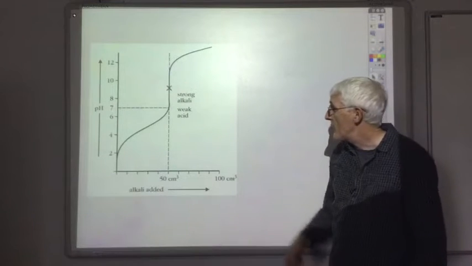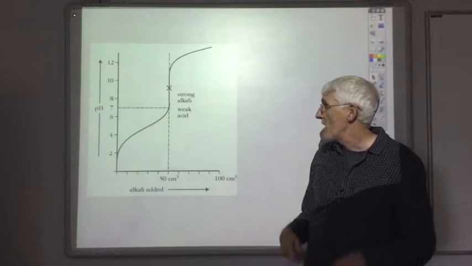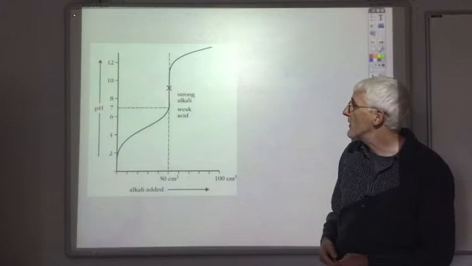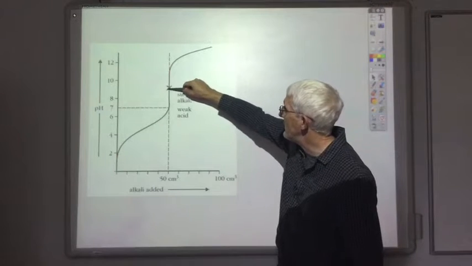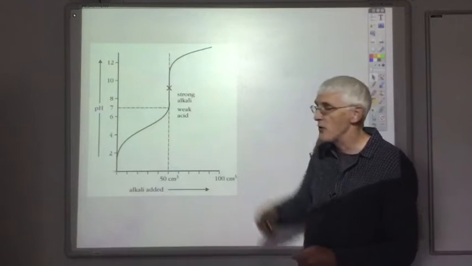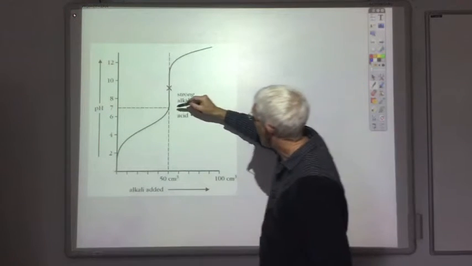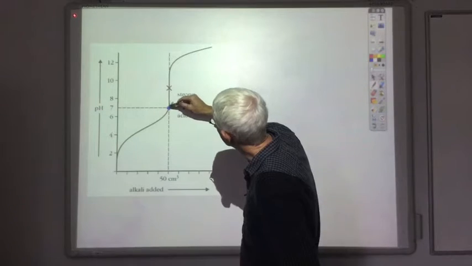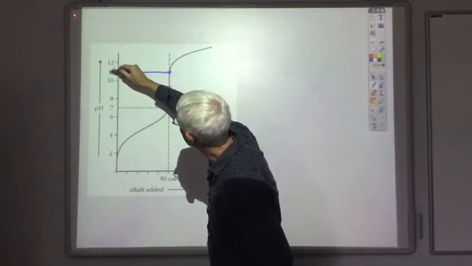Now if we start off with a weak acid and titrate it against a strong alkali, our salt will be alkaline, and so the end point will have a pH greater than 7. How much greater than 7 depends how weak the weak acid is. So in this case our rapid change in pH goes from about 7 to about 11.